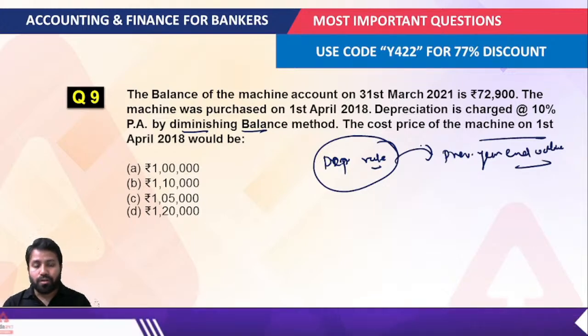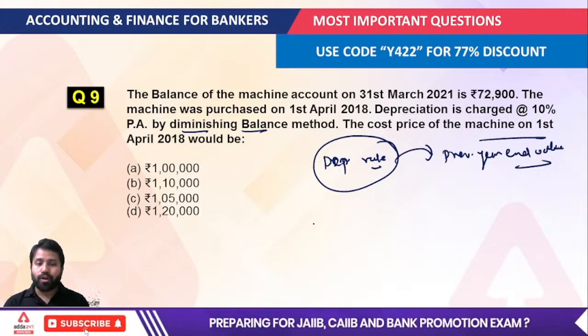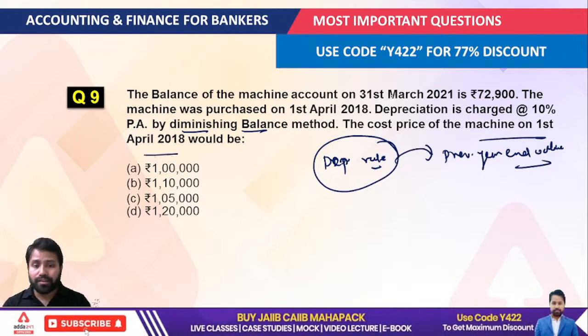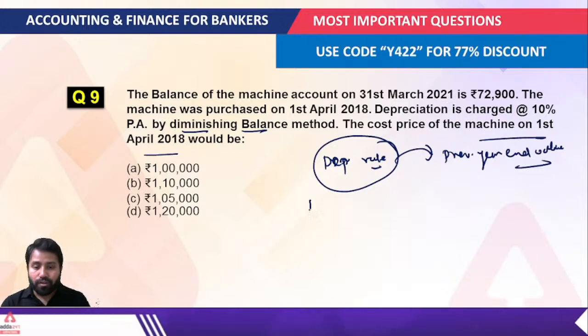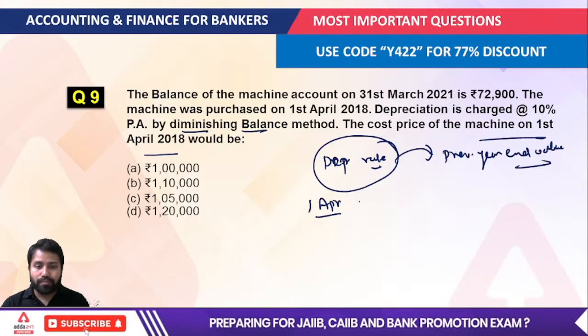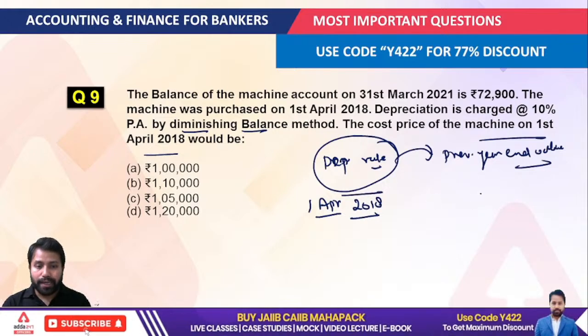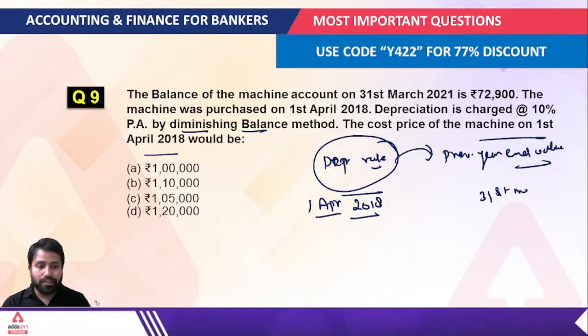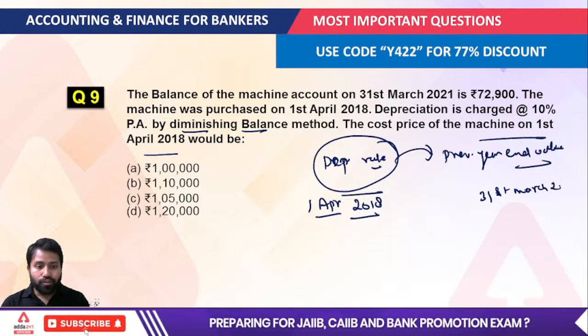Now if I have to find out the cost price of the machine on the 1st April 2018, we are talking about 3 years. We purchased the machine on the 1st of April 2018, and the balance of the machine account is as on the 31st March 2021.